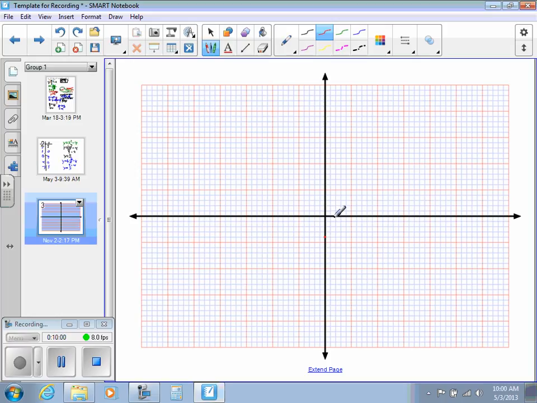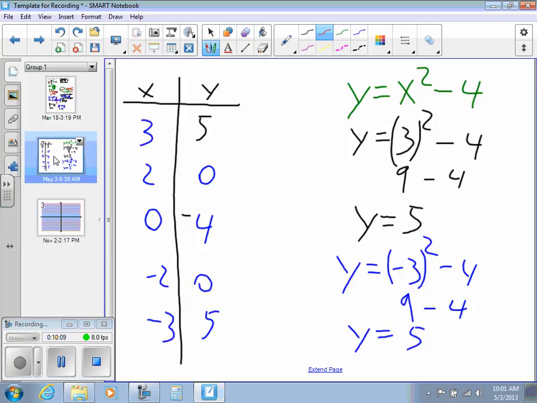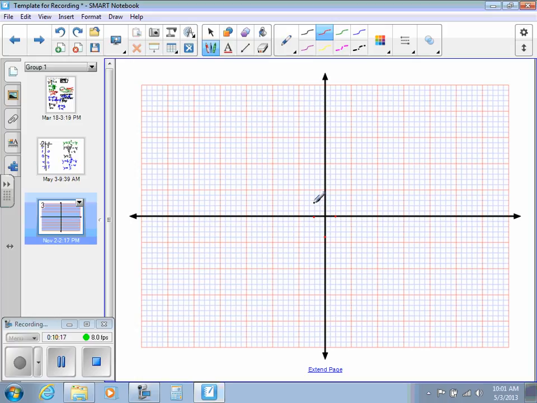So at 2, y is 0, and at negative 2, y is 0. And then another set of points. At both 3 and negative 3, y is 5. So here at negative 3 y is 5, and over here at positive 3 y is 5.